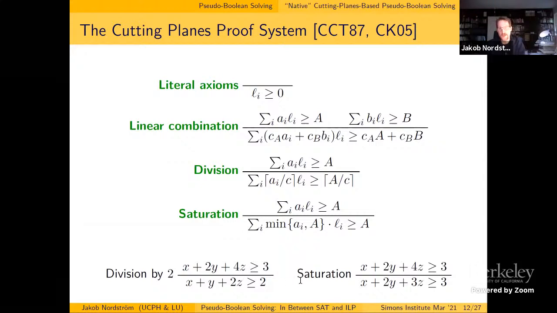What saturation does is say that if this constraint is satisfied, then having the coefficient 4 here is clearly overdoing it. Actually, 3 is enough. So if x + 2y + 4z ≥ 3 holds, then the same constraint with 3z instead also holds. Both of these rules, importantly, are using that we know that the variables are integers.